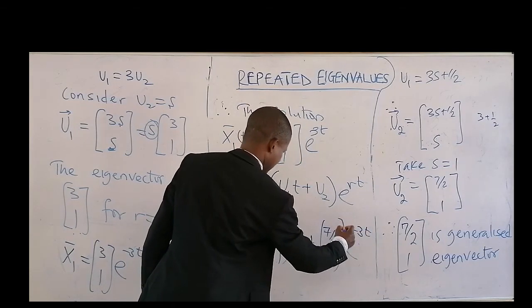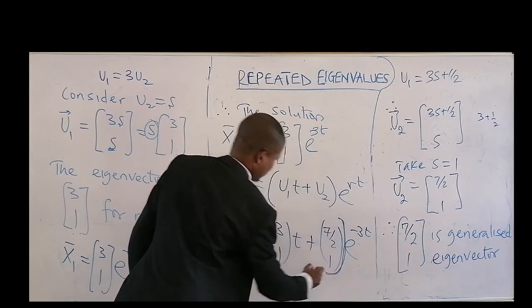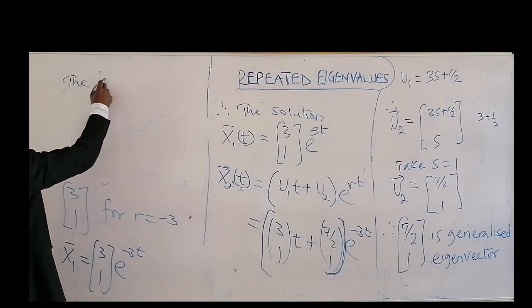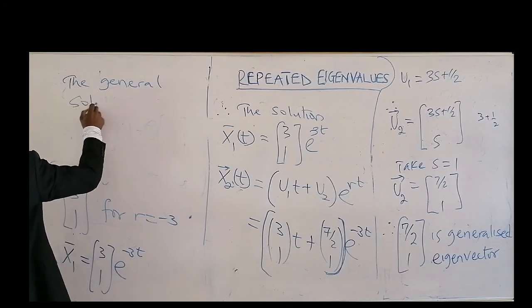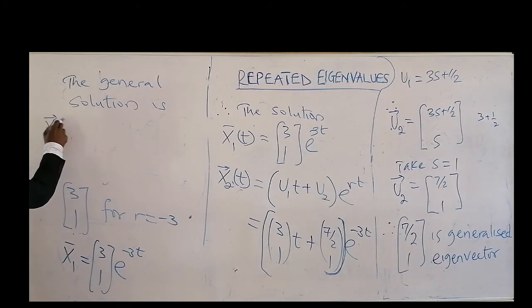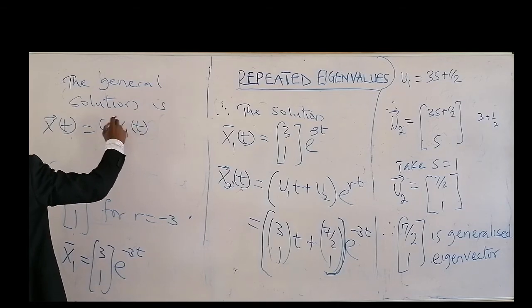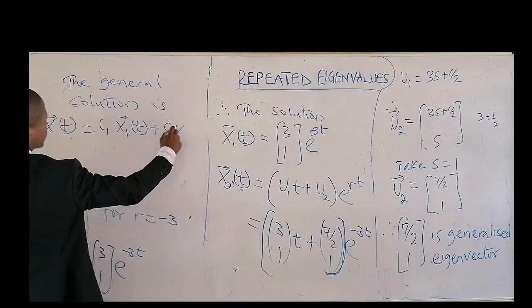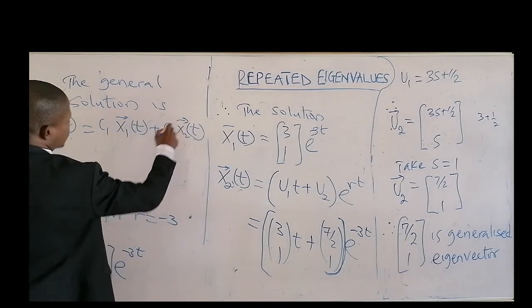So the general solution is equal to c1 times this one, plus c2 times the second solution. So that's the general solution.